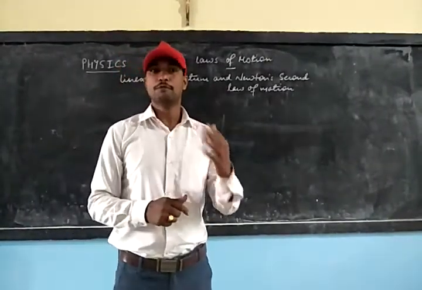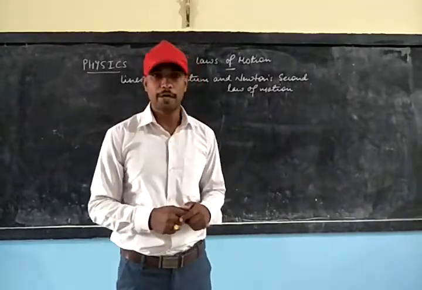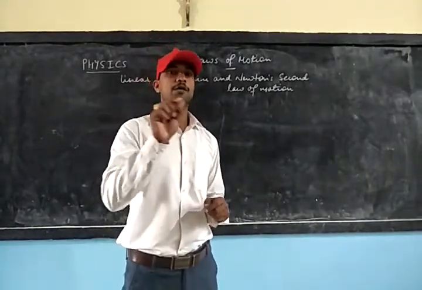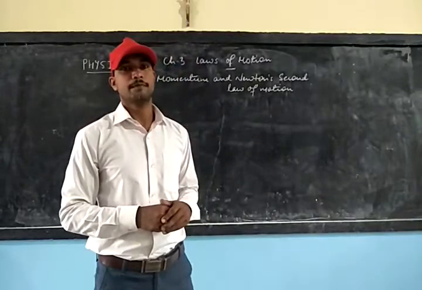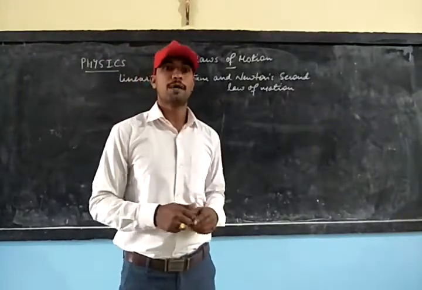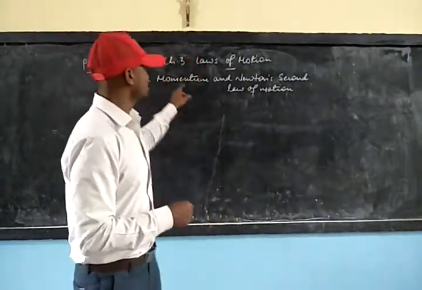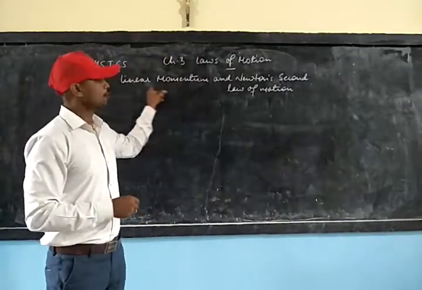In fact, the force required to stop a moving body depends on the product of mass and velocity. And it is this product of mass and velocity which is called momentum or linear momentum.